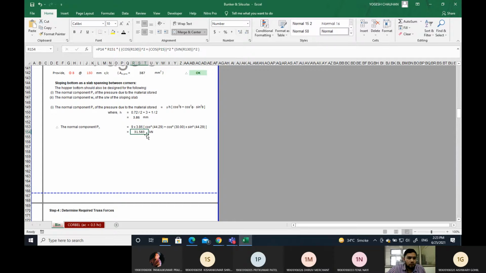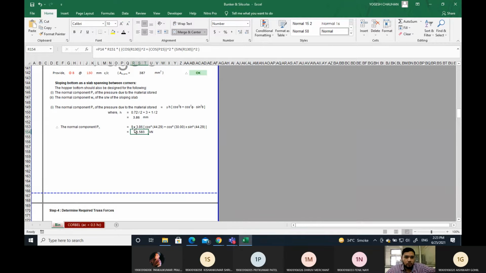This will give the normal component as 31.583. Let us just verify this value. 9 into 3.86 into cos.